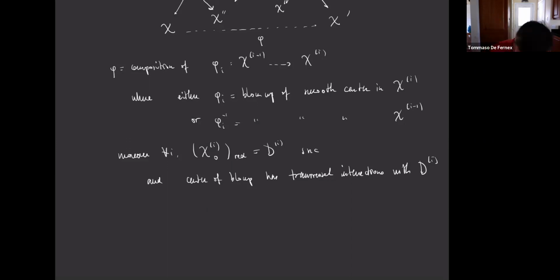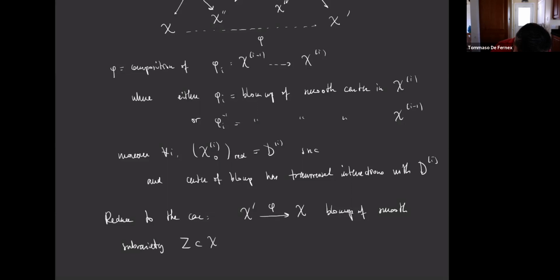Okay, so we reduce to the case where the second model is just a blow up of some smooth subvariety Z inside X with transversal intersections with the boundary divisor D, with the central fiber.